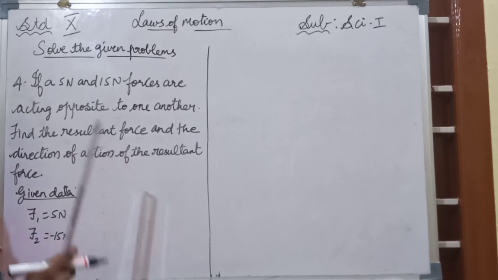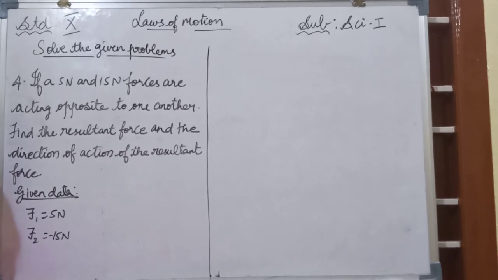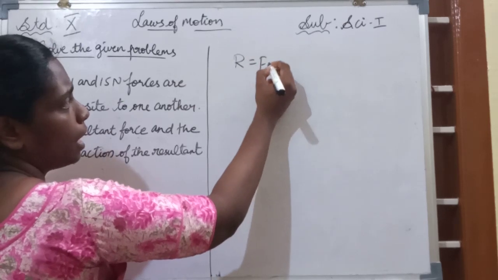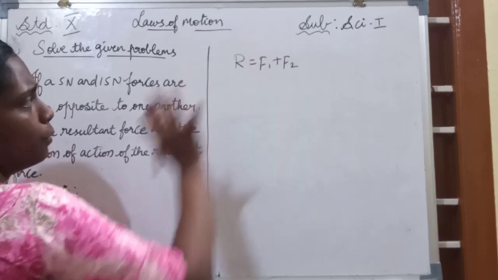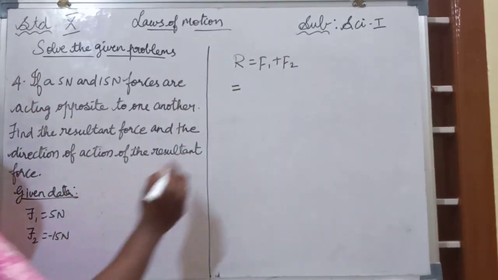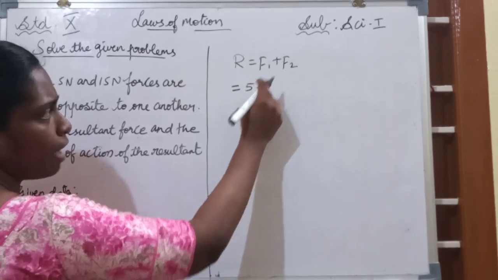So first we have to find out the resultant force, and then in which direction the resultant force is going to act. Now, the resultant force formula: R is equal to F1 plus F2. What is the value for F1? 5. Plus, in the formula we have plus.